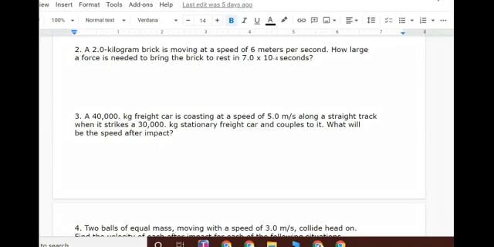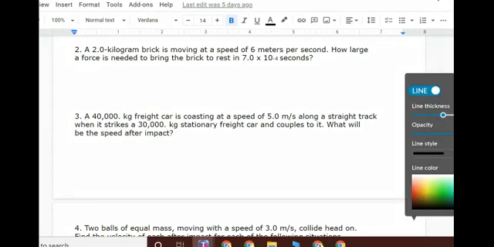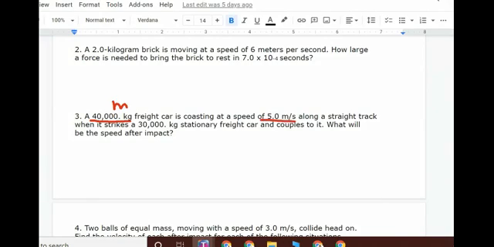So a 40,000 kilogram freight car, that's the mass, is moving at this speed, v, along a straight track. Say there's M1 and M2, and it couples with it, that means joins. What will the speed of the combined cars be?